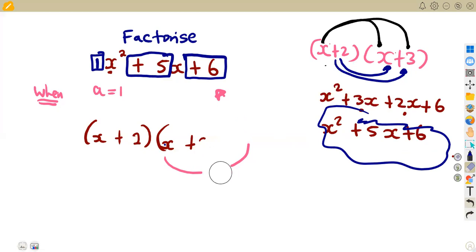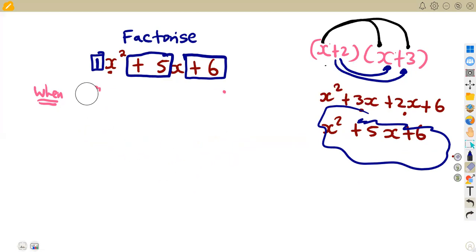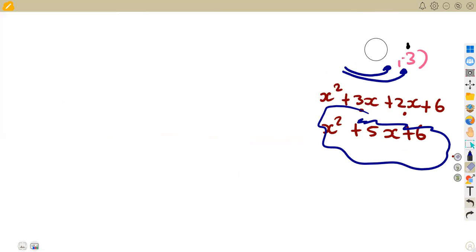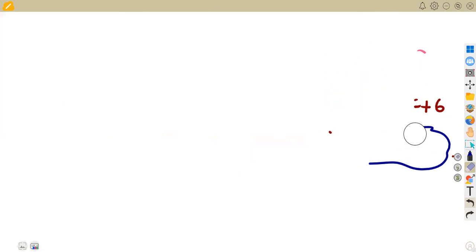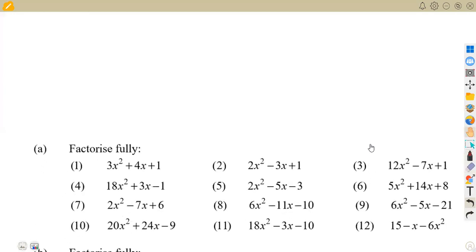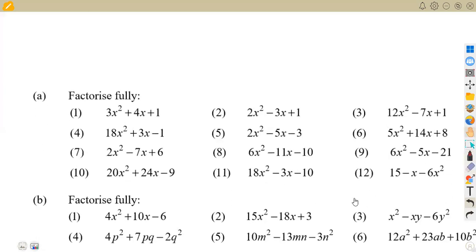Okay, so now let's talk about this. I talked about this in the introduction, so let me not waste much time. If you do not understand much, go back to the video where I talked about the coefficient of a being equal to 1.